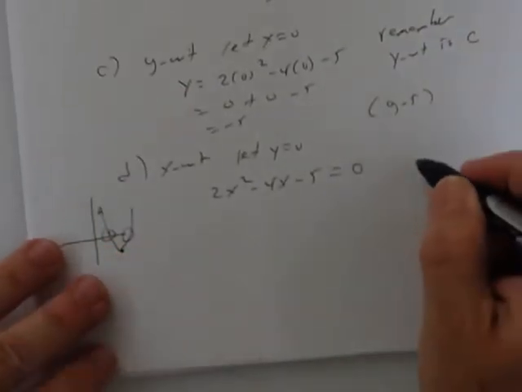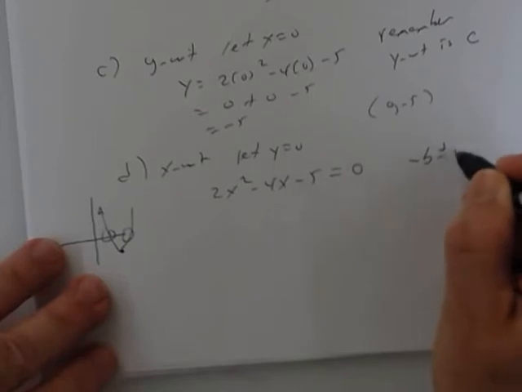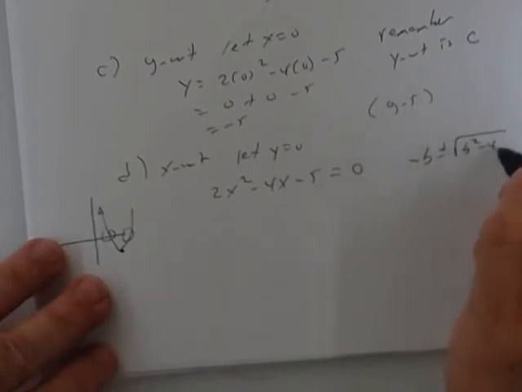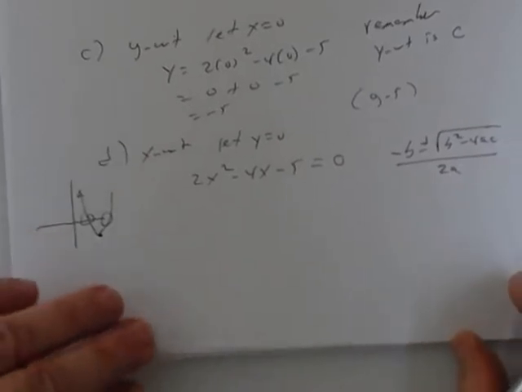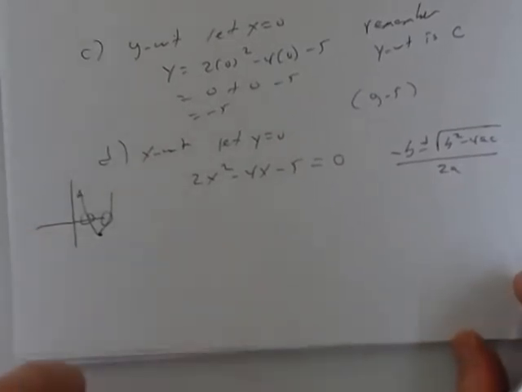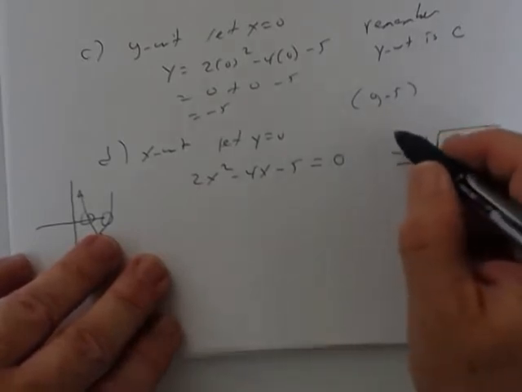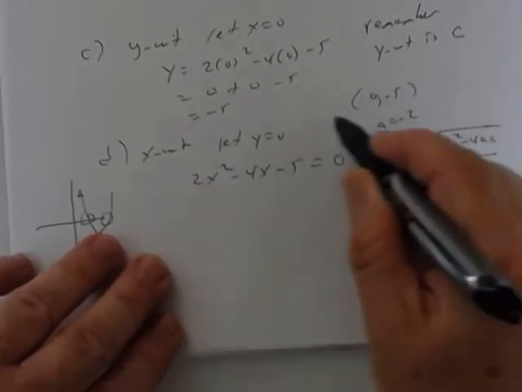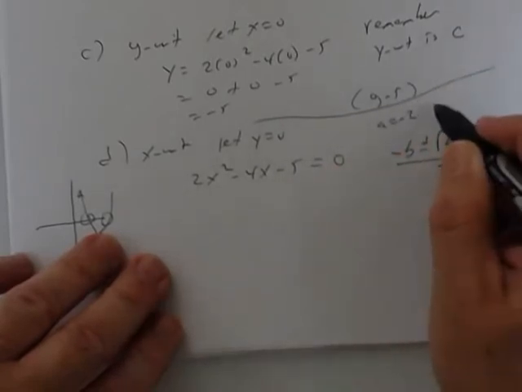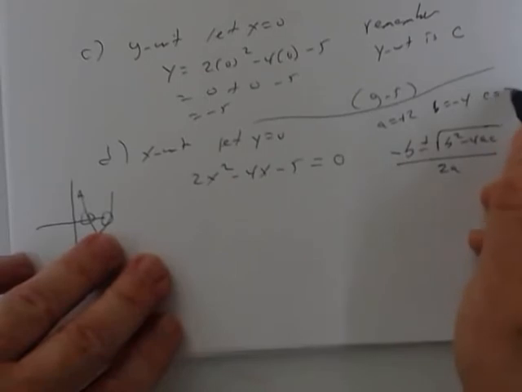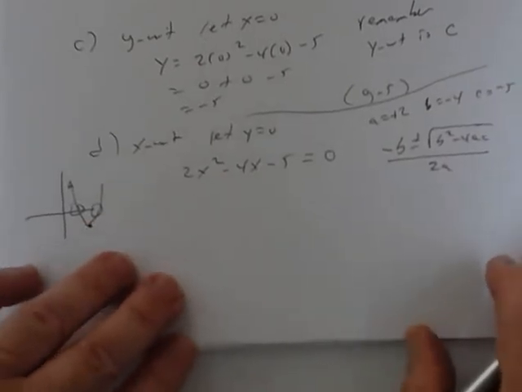So you would say x equals, remember the quadratic formula, negative b plus or minus the square root of b squared minus 4ac, all over 2a. And then we found a, b, and c. A, remember, was 2. B is negative 4, and c is negative 5. Because we just plug things in.